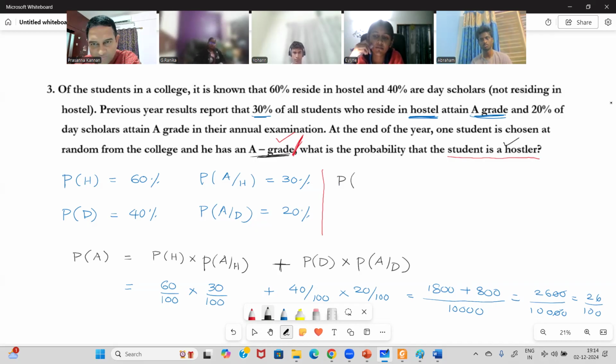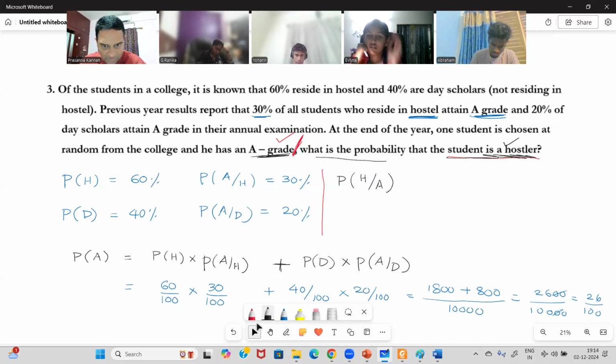Given that he has got an A grade. So, how should it be? P of H multiplied by P of... no, P of H given A. Yes. Oh, okay. Hostler event is first, sir. See here, what is the probability that the student is a hostler? Is asking. Yes, sir. And given that what? What is already known to us, he gets an A grade, right? It is like we did in a previous question, right? What was the previous question?